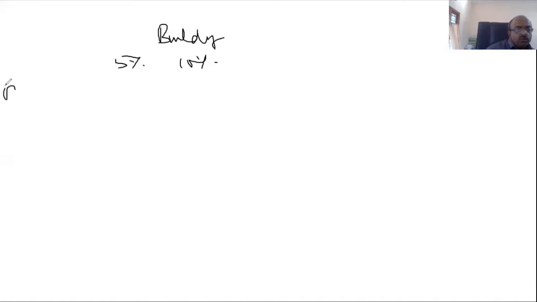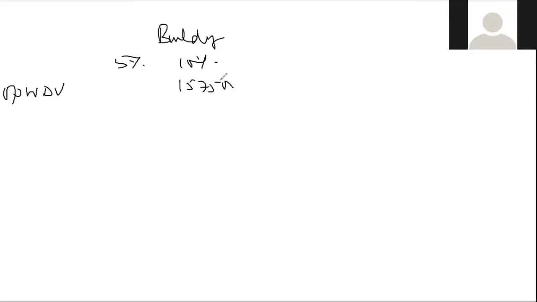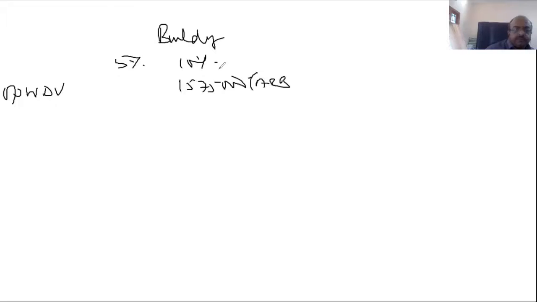So this is opening WDV, right? 10% is how much WDV you have taken first? That is 15,75,000. What are the assets here? At first, you can write the balance A and B. 5% is how much? 40,000.